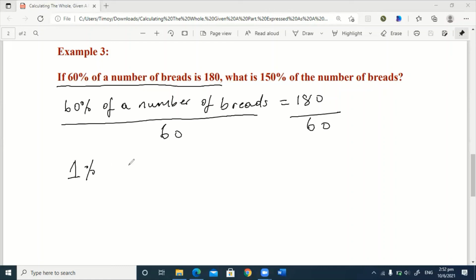So we know that 1% of a number of bread is going to equal what? 180 divided by 60? That's just 3. So this division is easy, so we could simplify, right?